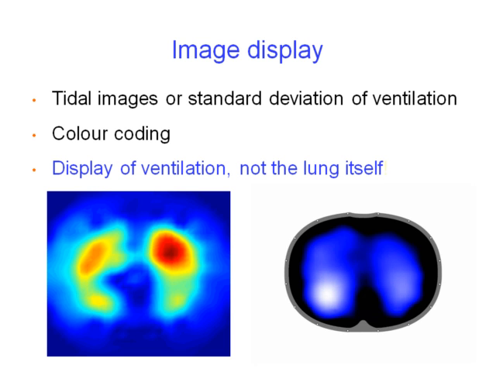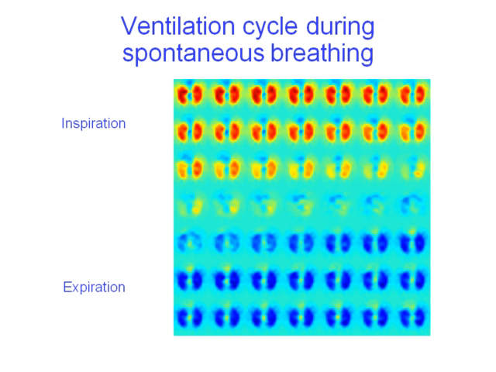And it's very important that you notice that the image displays ventilation, not the lung itself, so it's not a technique that can be used to look for morphological changes. You have to use for that, for instance, the CT.